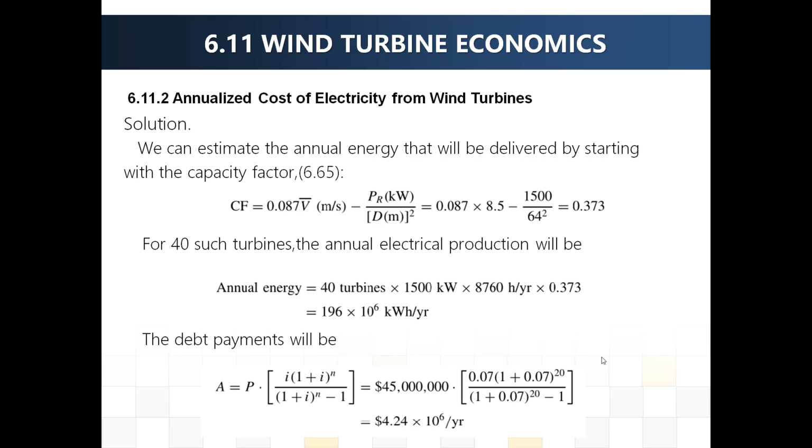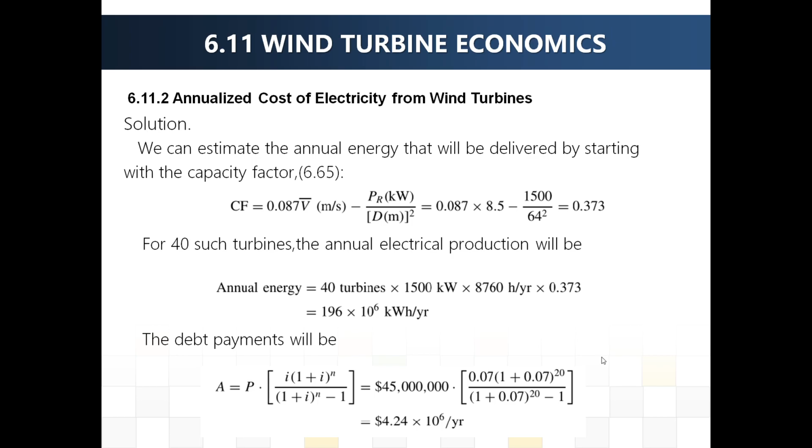We can estimate the annual energy that will be delivered by starting with the capacity factor. The capacity factor is 0.087 multiplied by the average V minus the rated power divided by the diameter squared. That is equal to 0.087 multiplied by 8.5 minus 1,500 divided by 64 squared, which is equal to 0.377.